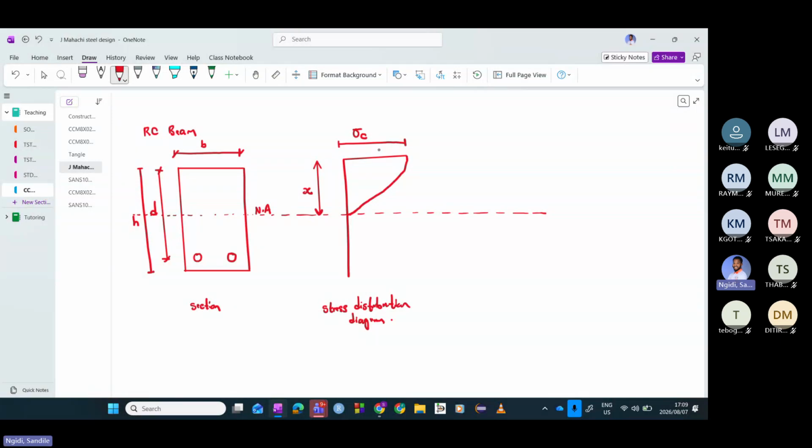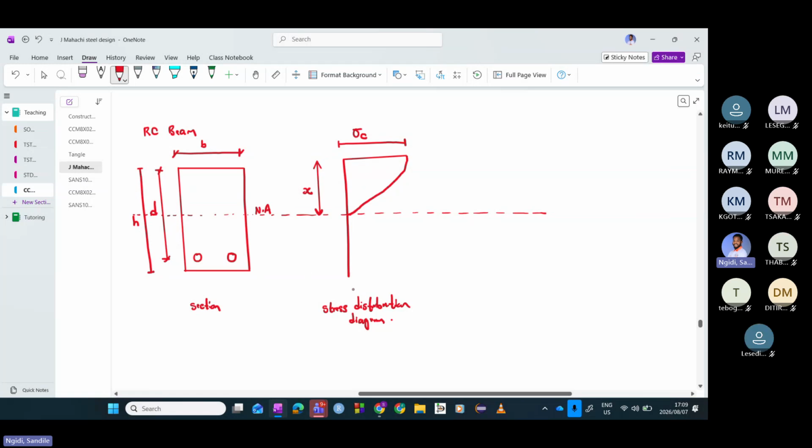And this stress diagram is actually, you can see, a parabolic stress diagram, and that's the actual stress diagram that represents the distribution of stresses here. But for simplifying our analysis, we don't usually work with this parabolic shape.